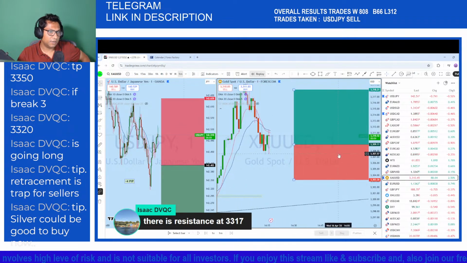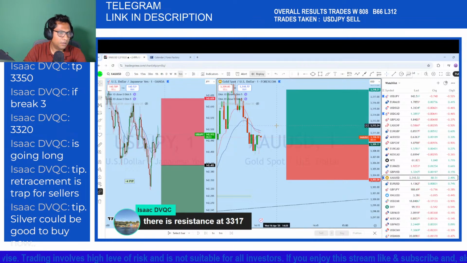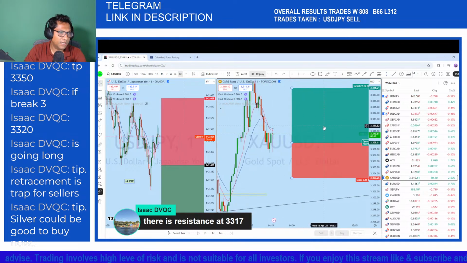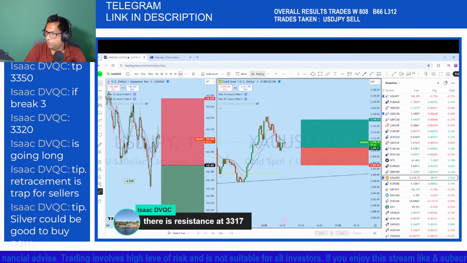Okay, so there is a dodgy formation. So if it is reacting from this level, then we might see that upside bias. We see that there is a possibility for a move.